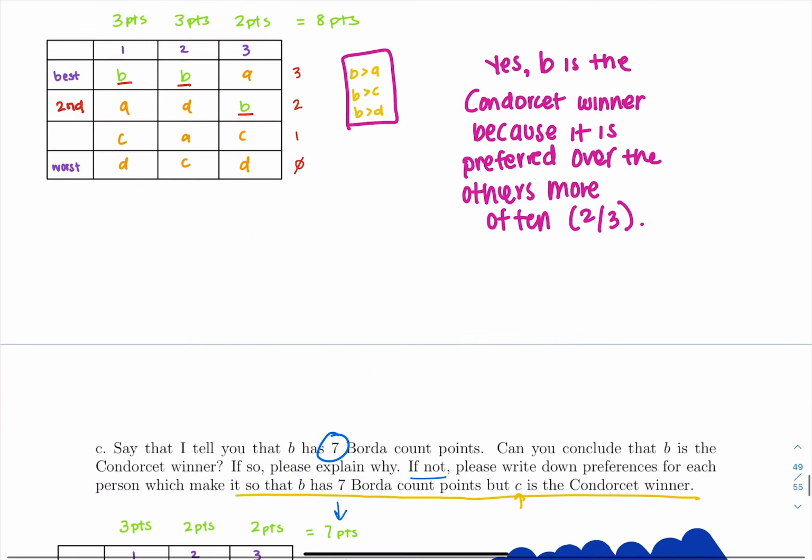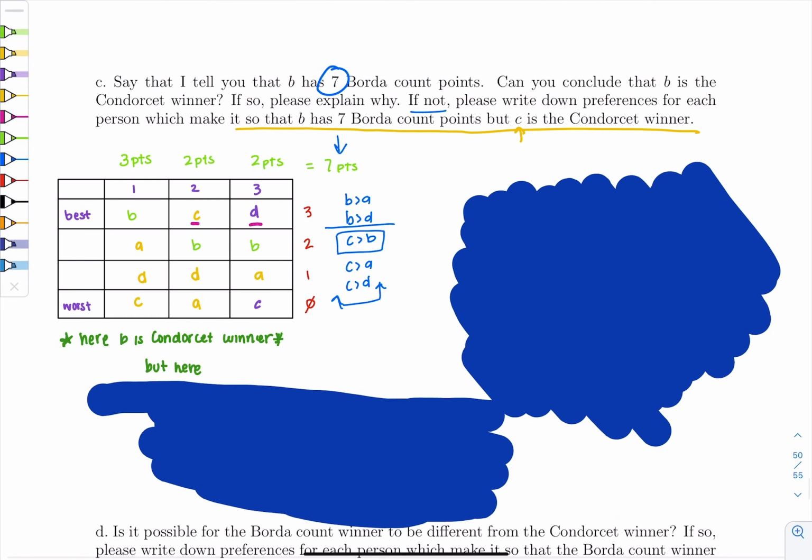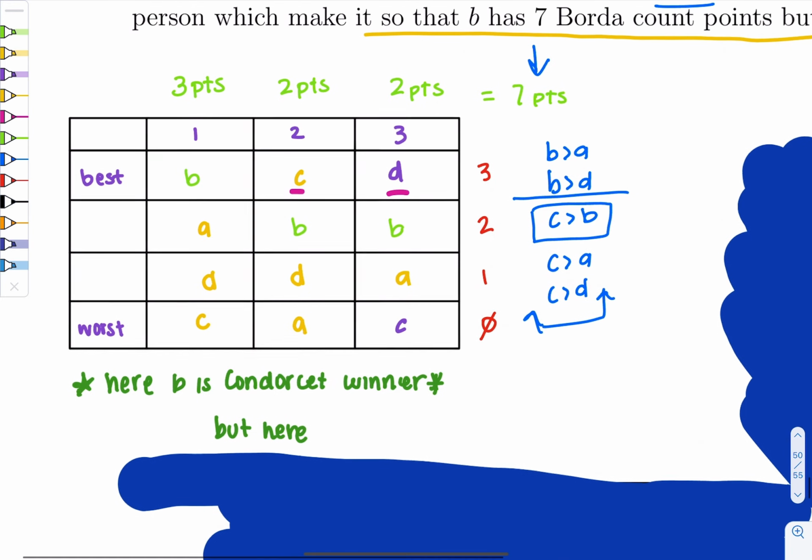So yeah. Our third question is same thing. Now B has 7 Borda count points. So it asks if B has 7 Borda count points, can we conclude that B is the Condorcet winner? Let's take a look first, again, at how B must be ranked in order to receive 7 Borda count points.